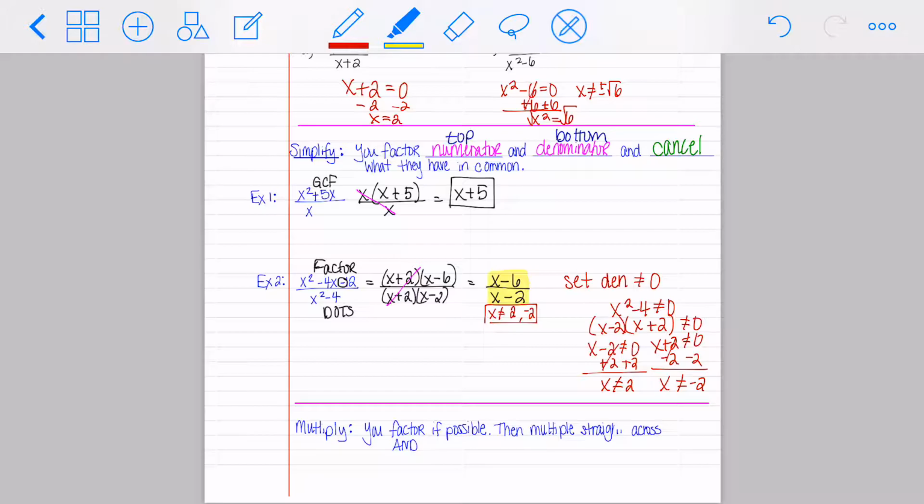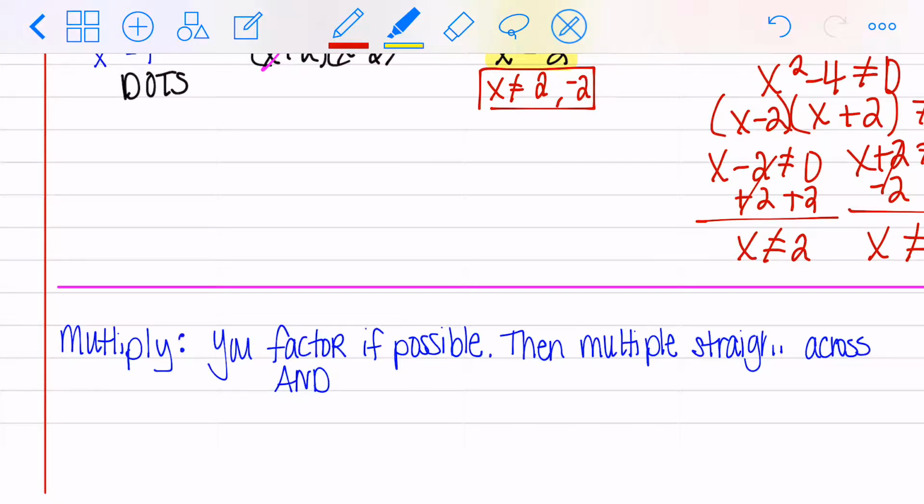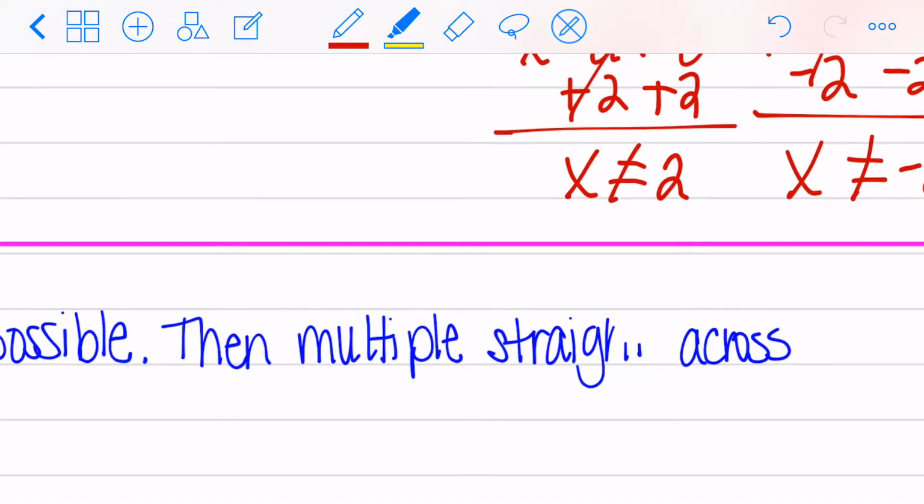Now let's talk about multiplying. First, you factor if possible, and then you multiply straight across.